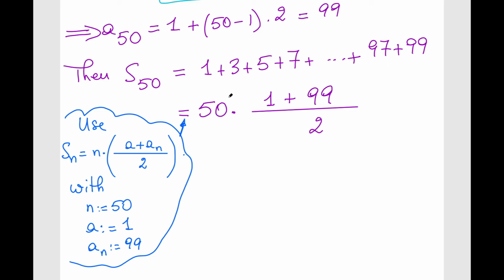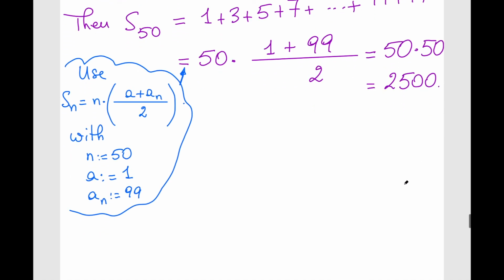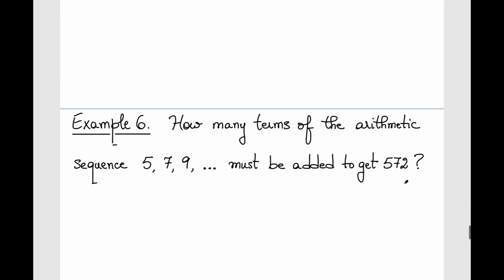Okay. And how much is this? 50 times 50. Correct? Because this is 100 over 2, which is 50. 50 times 50 is 2500. So the sum of the first 50 odd numbers is 2500. Okay. All right.